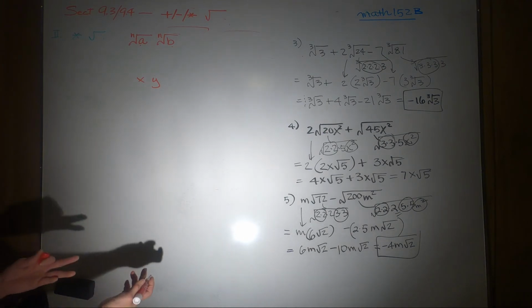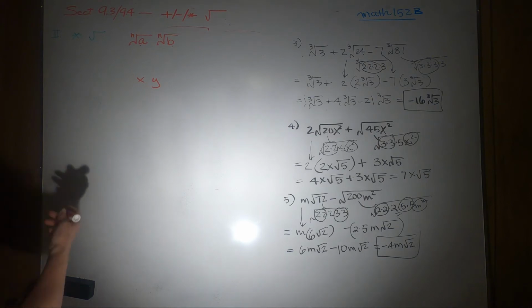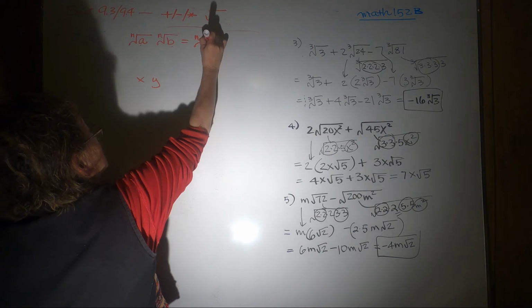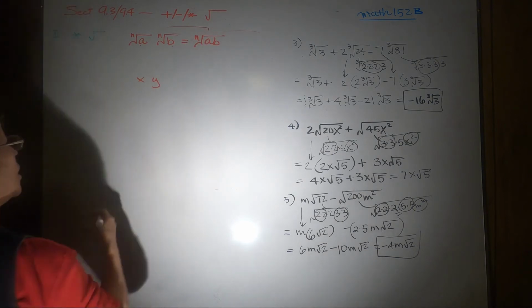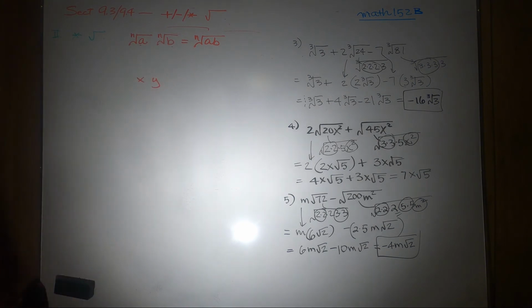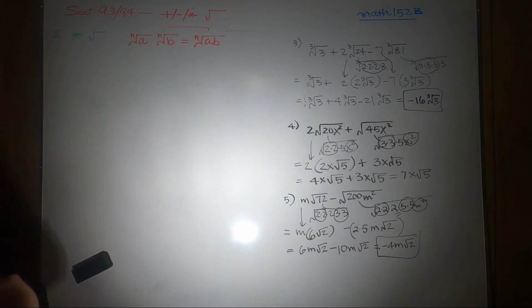Multiply, it becomes xy, right? So if they have the same index, we can put them all under the same roof inside, or we can split them.